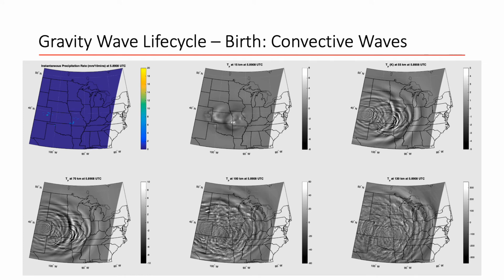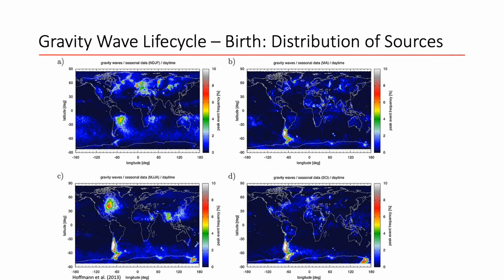So this figure from Hoffman et al. in 2013 shows the distribution of gravity wave sources across the globe. This is taken using the AIRS imager and measures the sources in the stratosphere. Each of the panels in the figure represents a collection of months over the year, and this is for the daytime pass.